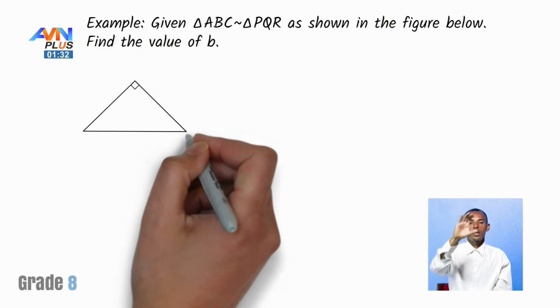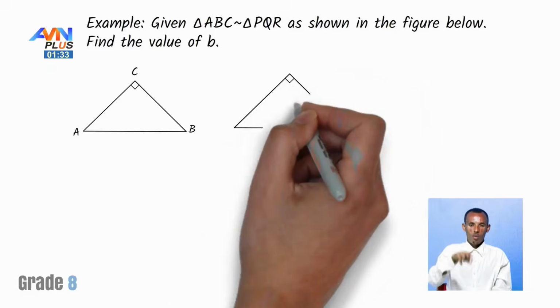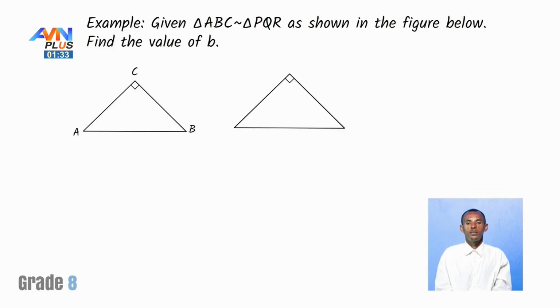The triangles are triangle ABC and PQR. The sides of this triangle are: this is 7, this is 8, say this is 5.